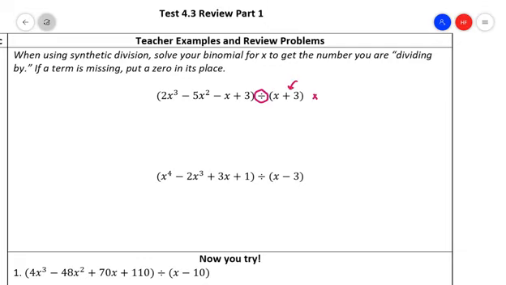So since we know that we're dividing, we're going to take the opposite of this. So x equals -3. -3 will go on the outside of our box. And then we're going to make sure that we have all of our powers. So our highest power is a 3, then a 2, then a 1, and then we have our constants. So they're all there and they're all in order. So we will put the coefficients.